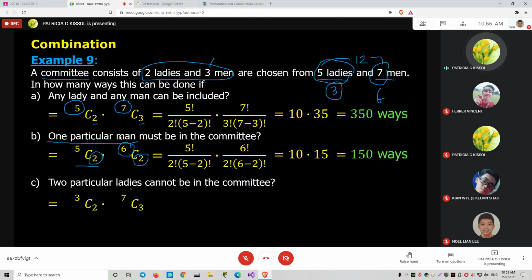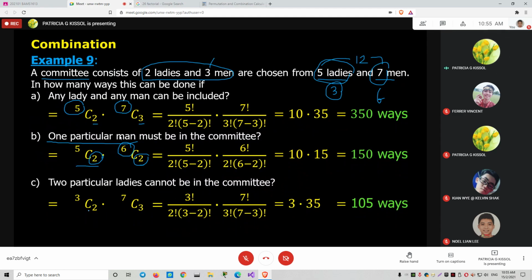We choose 3 from the 7 men, but of the 5 ladies originally, 2 cannot be in the committee, so we only choose 2 from the 3 remaining. Calculating that gives us 105 ways.